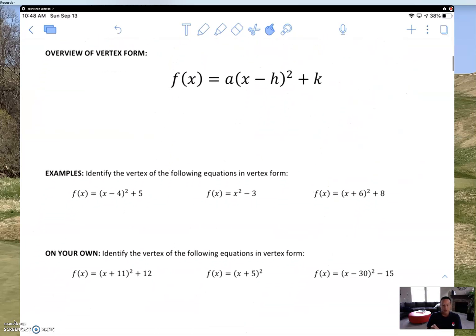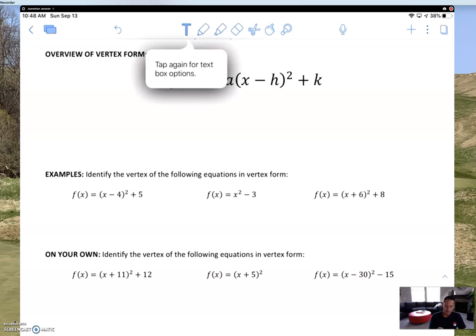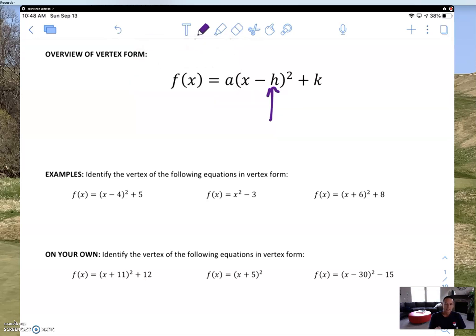A quick overview of vertex form. Hopefully this is something you've seen as well, and hopefully after that first assignment that we've done, this looks a little bit familiar to you. Let's go ahead and start with this part. When that thing is in the parentheses, it's usually going to be moving it side to side.